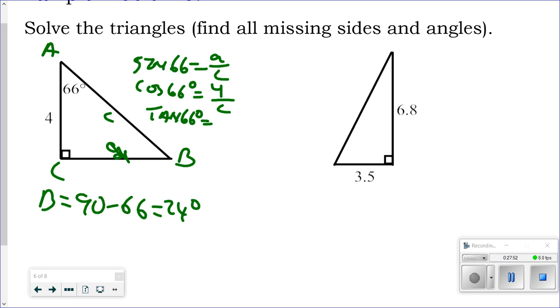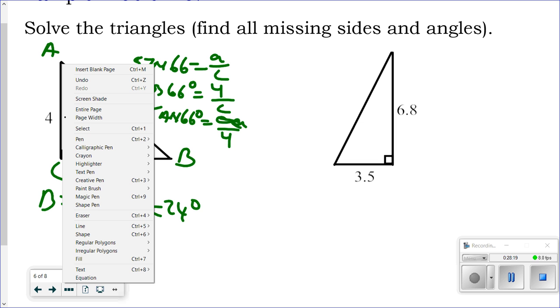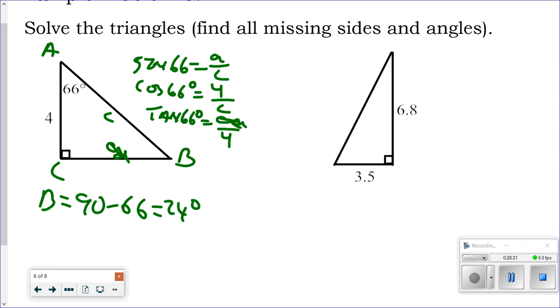Tangent of 66 degrees is equal to the opposite over the adjacent, sorry, tripping on acid, TOA, which would be A over 4. Well, I'm going to tell you right now, I don't want to use that. 2 variables, it's done.